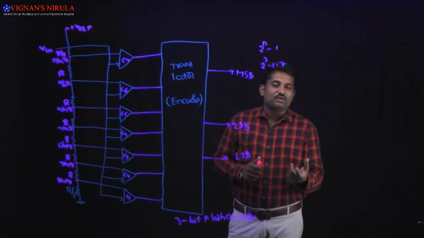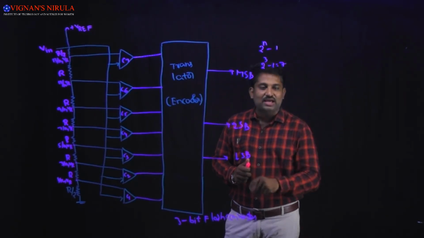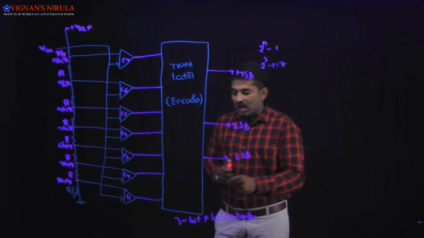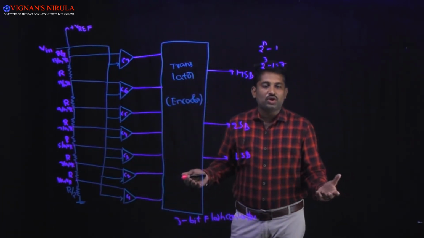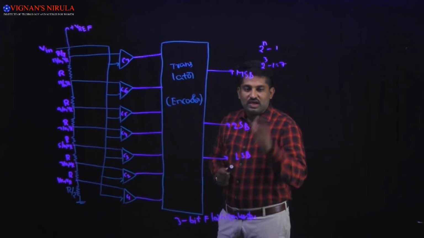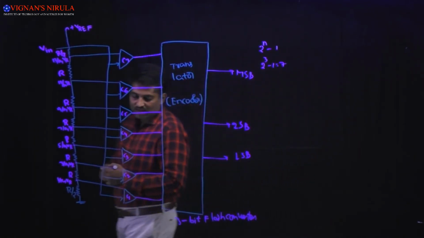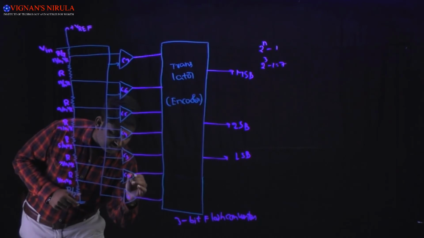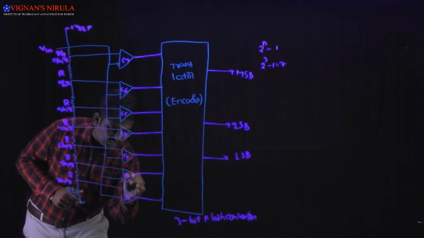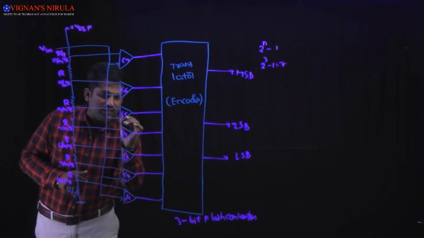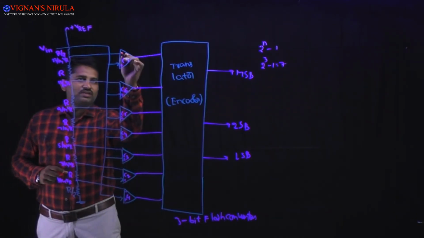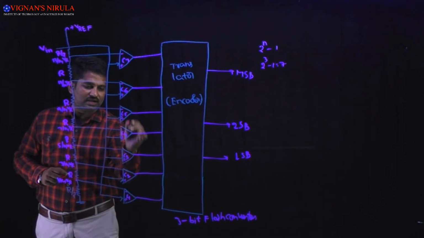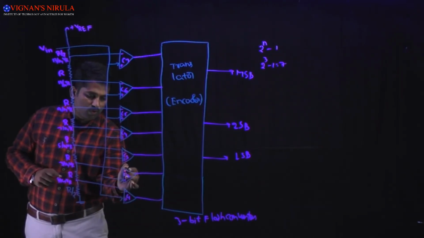Whenever the reference voltage is greater than the input voltage, then the output produced by the comparator is 0. So remember, the non-inverting terminal is the input voltage which we apply to all the comparators, and the inverting input terminal is the reference voltage.